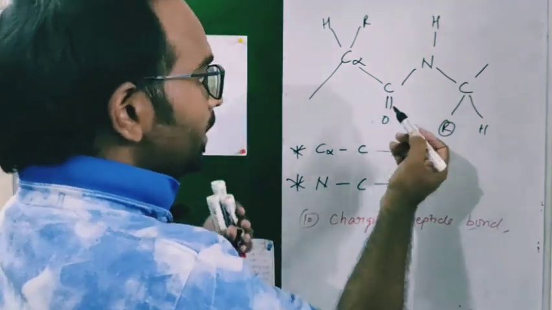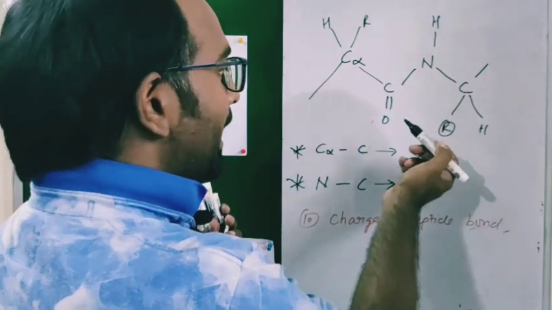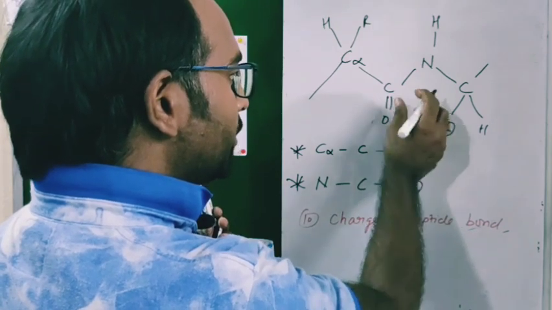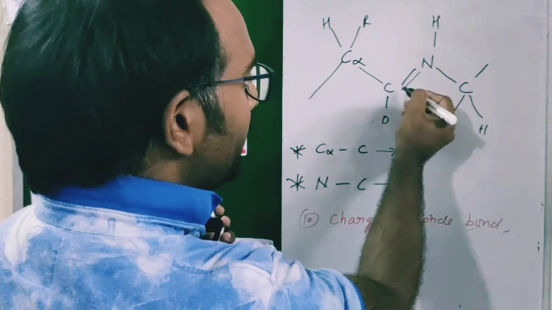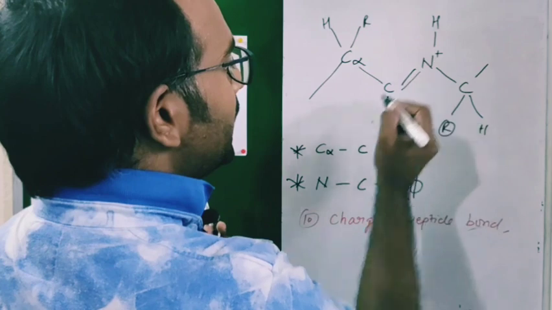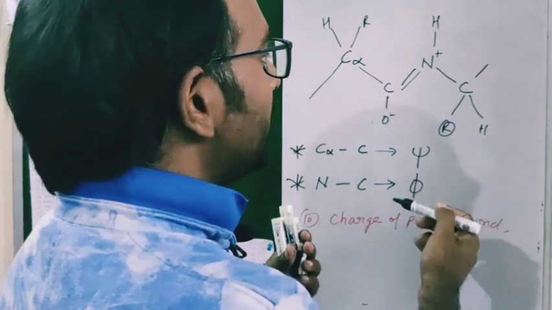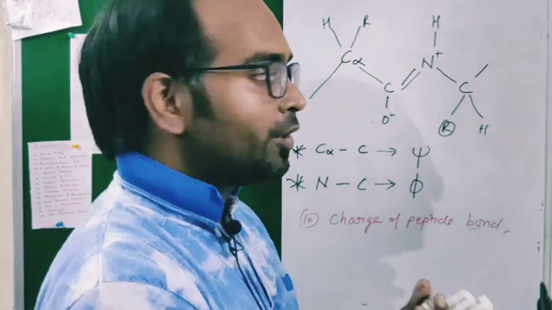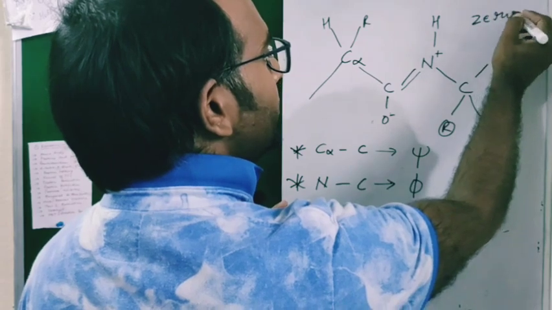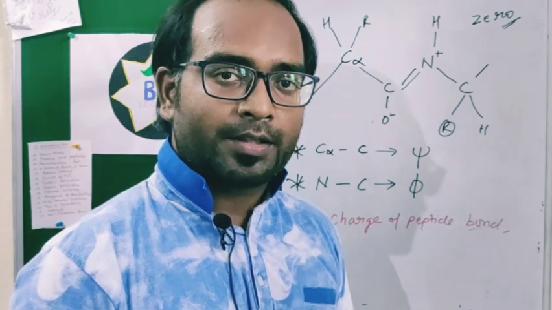So here you can see that there is no charge right now, and when the pair of electrons shifts from here to here, the negative charge comes over the oxygen and the positive charge comes over the nitrogen. So there is one minus charge and one plus charge. Overall charge becomes 0. You know that minus and plus become 0. So the overall charge on the peptide is 0. So in both cases the peptide group will be uncharged, right?